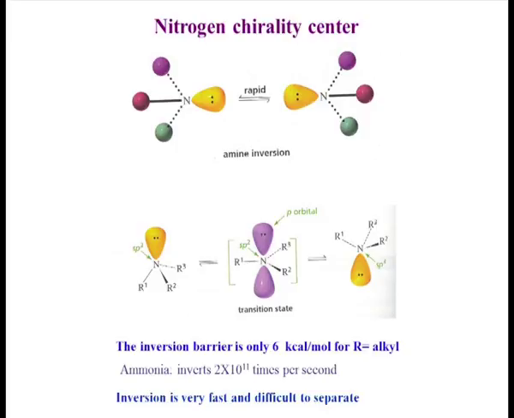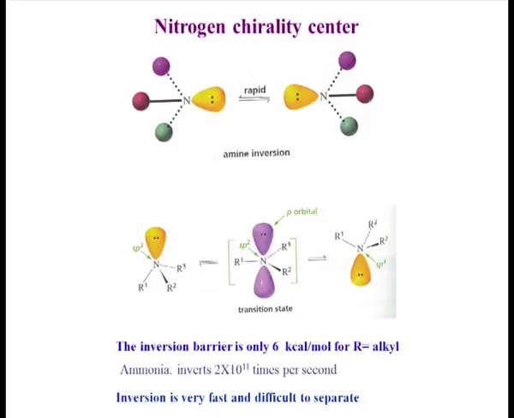But if we look at the nature of this compound, we do not see any enantiomers getting separated out. That is called amine inversion. What is that? How can one amine be converted to the other amine? Very clearly, this structure is sp3 hybridized, tetrahedral, with three groups R1, R2, R3 and the fourth substituent being the lone pair of electrons.